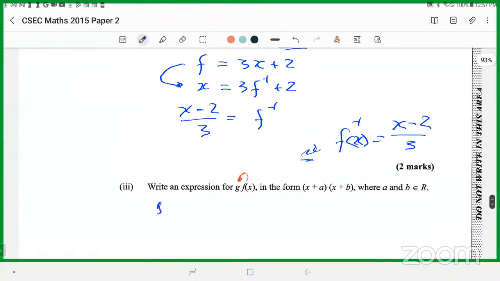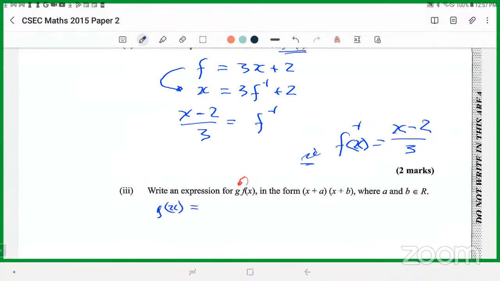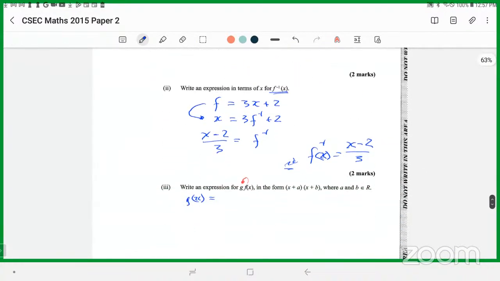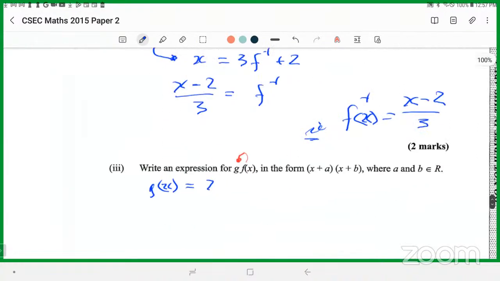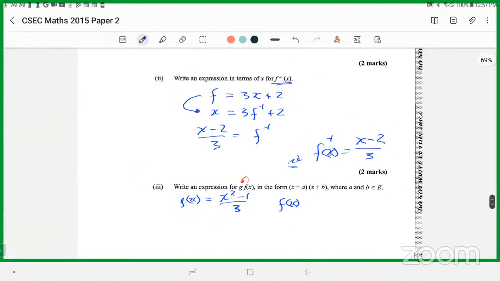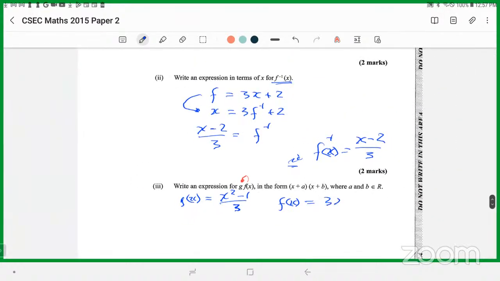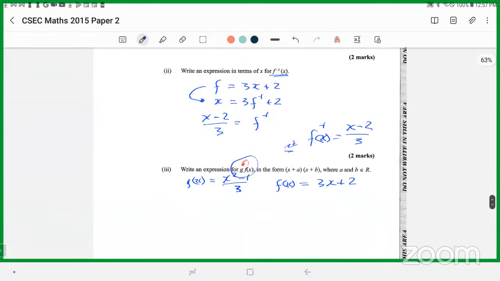The g of x, remember, was, what is it again? It is x squared minus 1 over 3. And the f of x is 3x plus 2. And we're trying to form f into g right here.